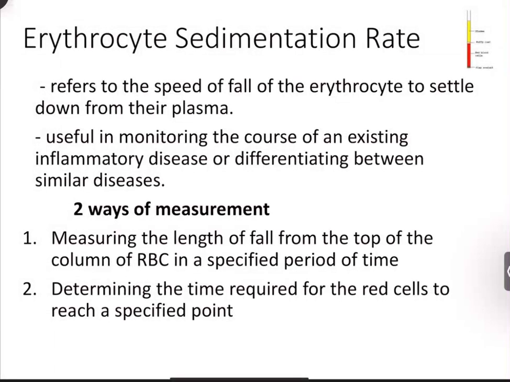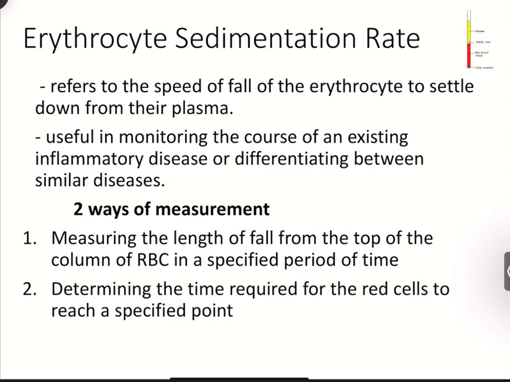Next test for your RBCs is your erythrocyte sedimentation rate, or your ESR. This is the test where we assess the speed of fall of the erythrocytes as they settle down from their plasma.